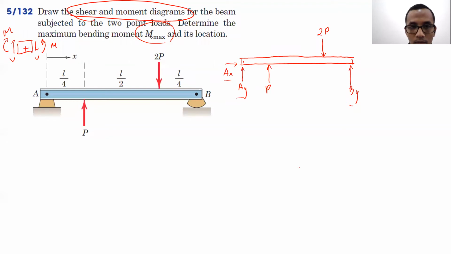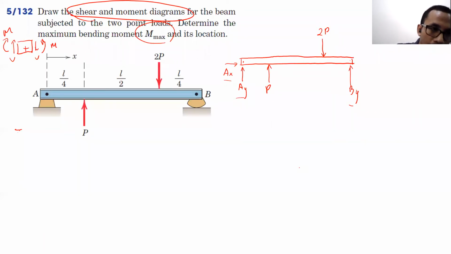For practice, I think I will point out one of you to help me solve this. Johan, help me to do the first part, using sigma moment equal to 0, at A. What will we get there?